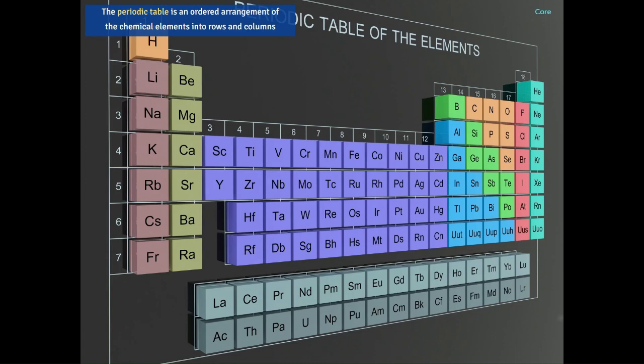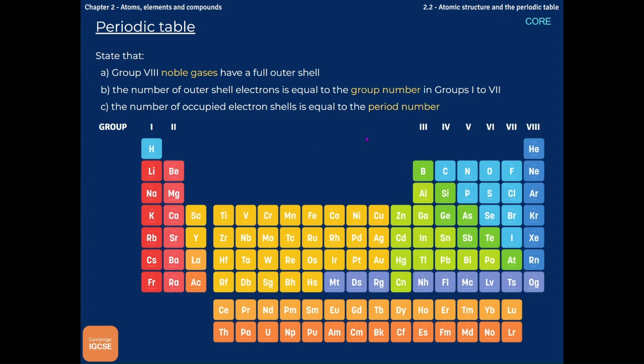So the position of each element actually tells you a lot of things, including the electron configuration of that element. So the groups are the numbers up at the top. So there are group numbers here: 1, 2, 3, 4, 5, 6, 7, 8.